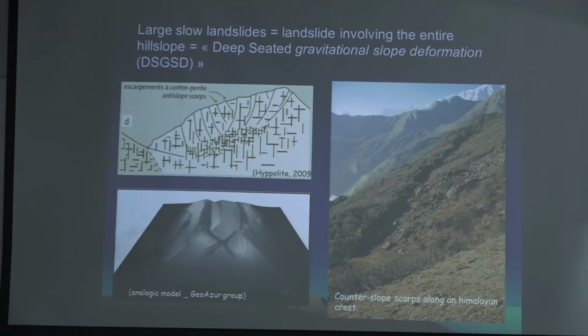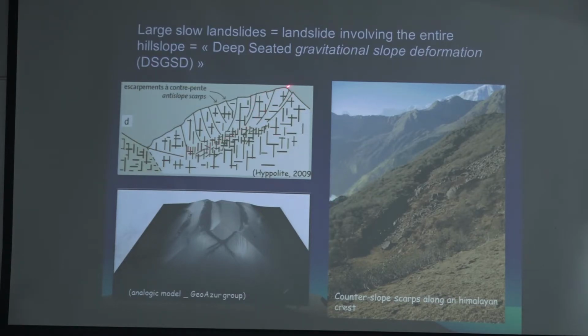So it mostly relates to a large scale, large amplitude, large volume rock slide that can involve all the hillslope. You can see this on this picture. It goes from the crest in between the fluvial network and goes down to the base of the hillslope at the level of the valley.